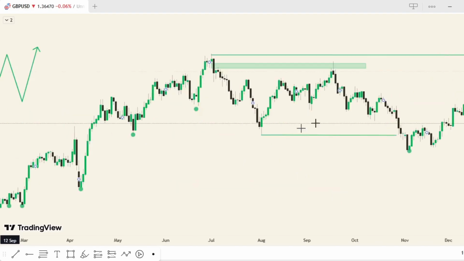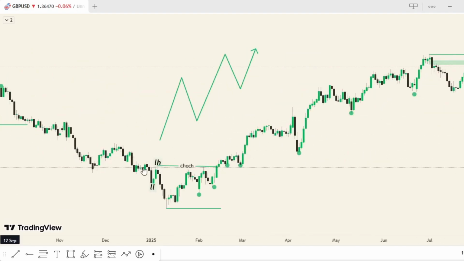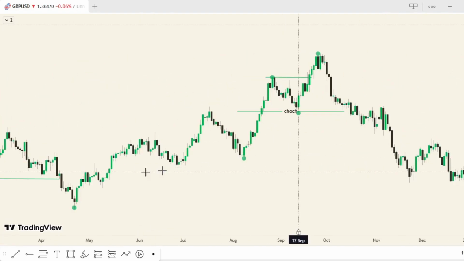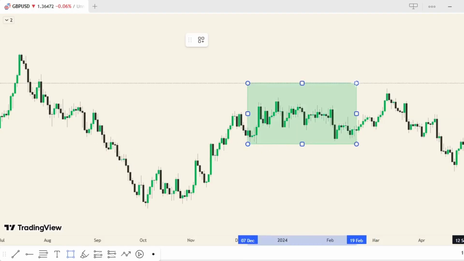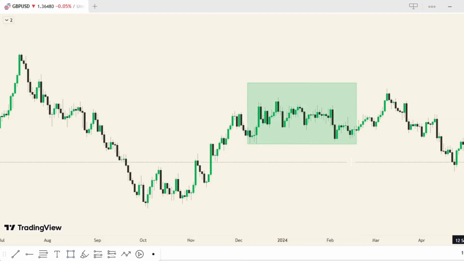Now, going to the consolidation or the range market, let's use this as an example on the price chart. We have this particular structure, which is right here. If you look at this structure, you can't tell that the market is in a bullish phase or in a bearish phase.